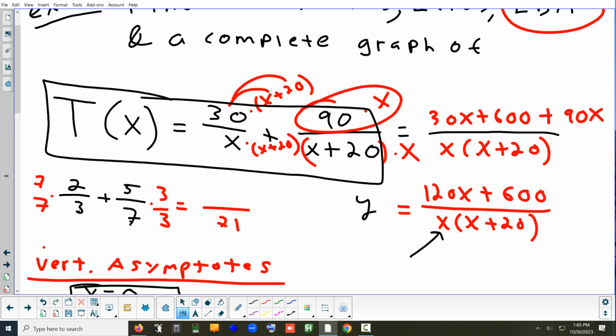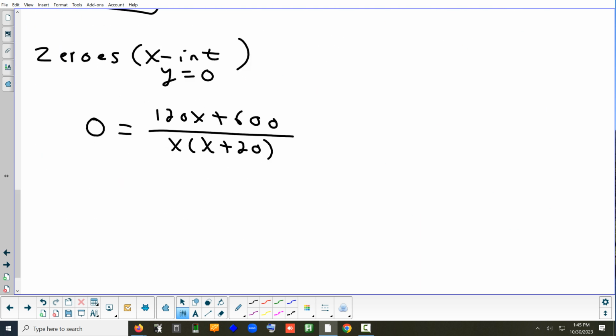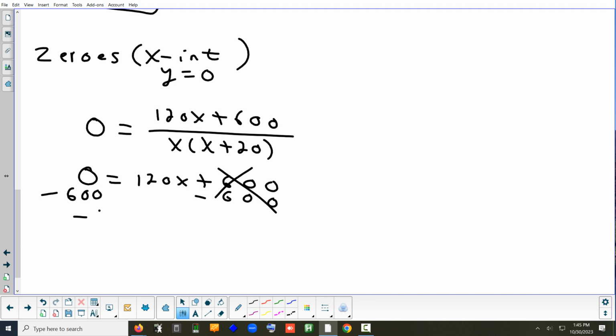So set that fraction equal to 0, which basically just means when is the top equal to 0. Okay, what would be your first step to solve that for x? Subtract 600 on both sides. That's gone.